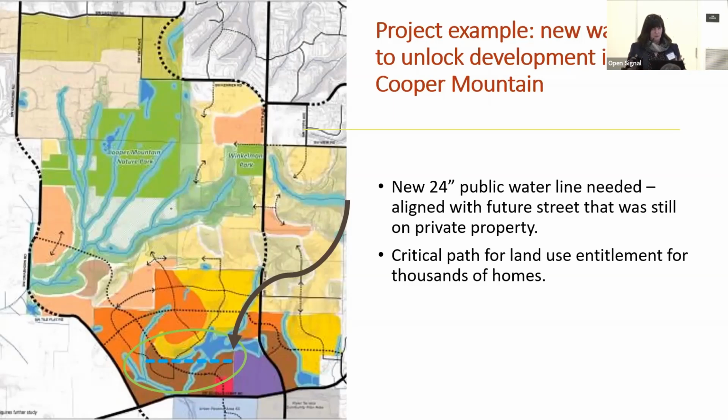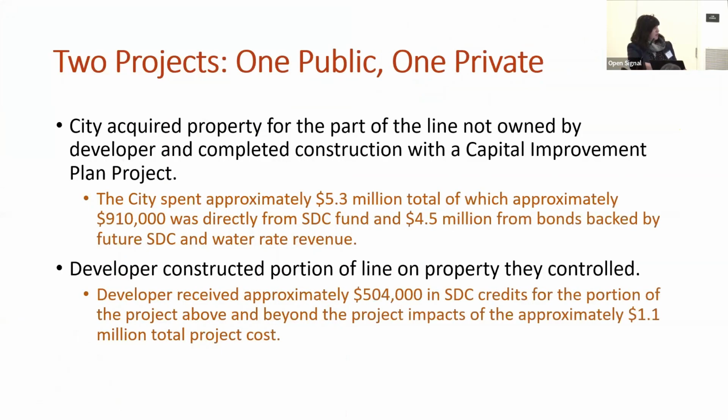But it was, we got there, the city built the portion of the water line that went through that neighboring property. The developer built that water line on their property that they controlled. That completed water line unlocked the development of thousands of units of housing, not only on the property of the developer that we were working with directly, but also in other parts of South Cooper Mountain.